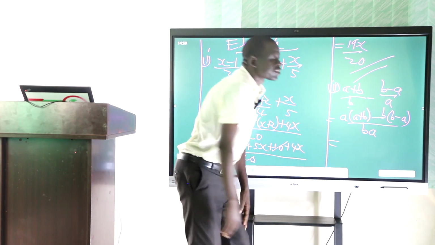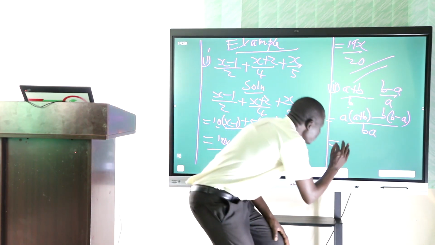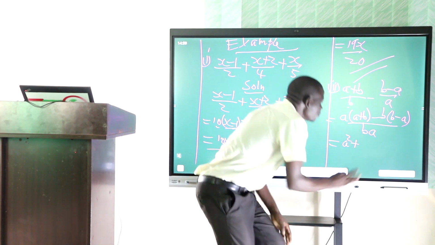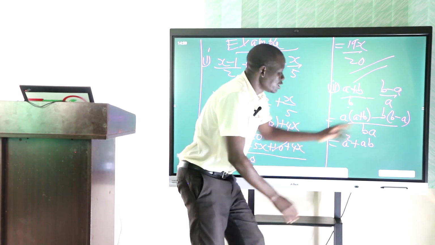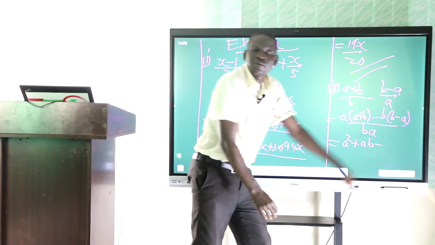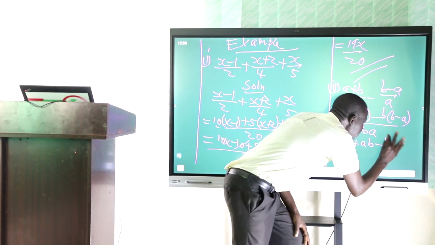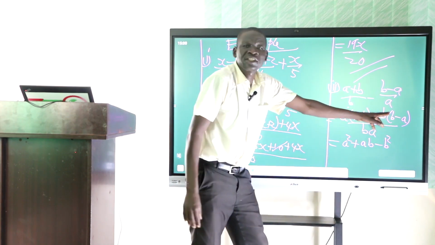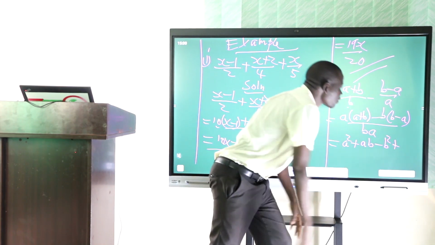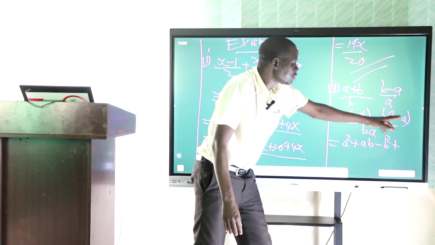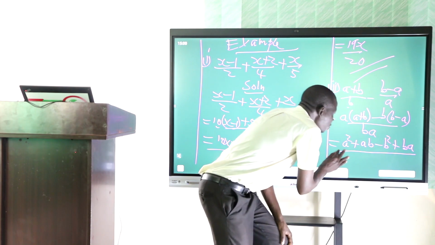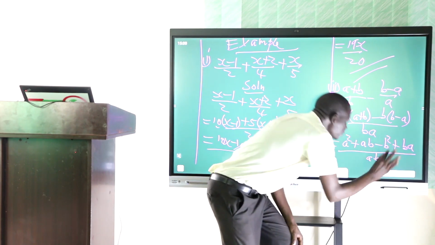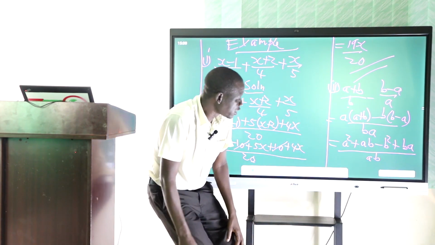This now gives us a times a, we get a squared, plus a times b, we get ab, then minus b times b, you get b squared, then negative times negative, you get positive, and then b times a, you get ba, all over ab. Do we have like terms?